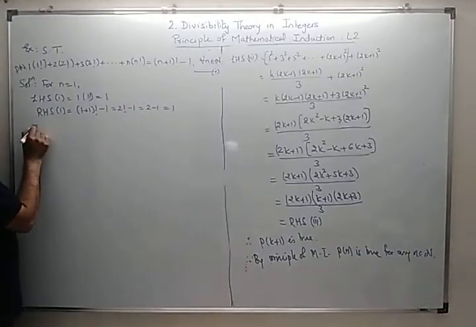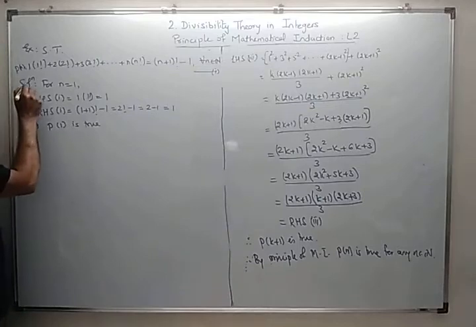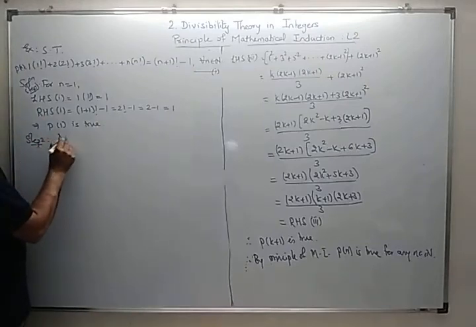This implies P1 is true. This is our step 1. Now step 2, assume P of k is true.